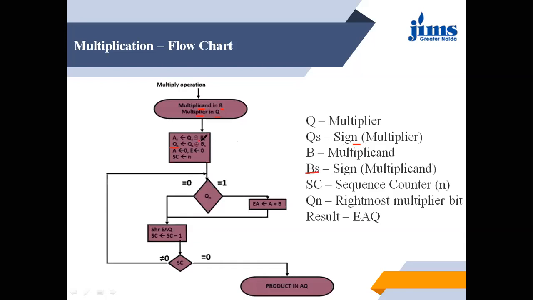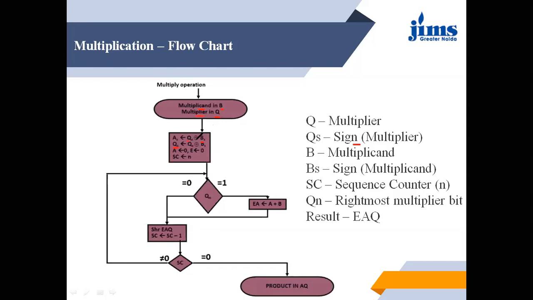Using BS and QS, we will be able to find out whether the result will be positive or negative. This is an XOR gate, and the value of this XOR is 1 when both numbers are different, meaning when the sign of B, the multiplicand, and the sign of Q, the multiplier, are different.